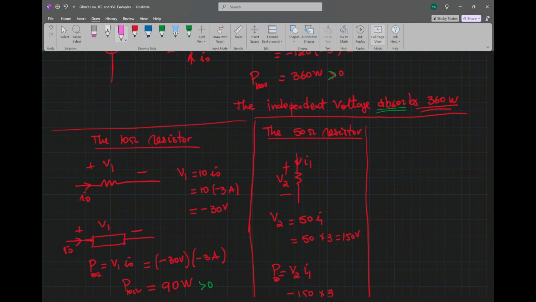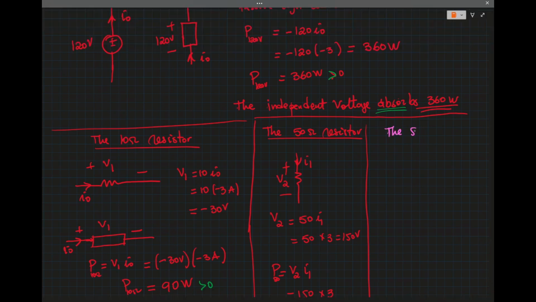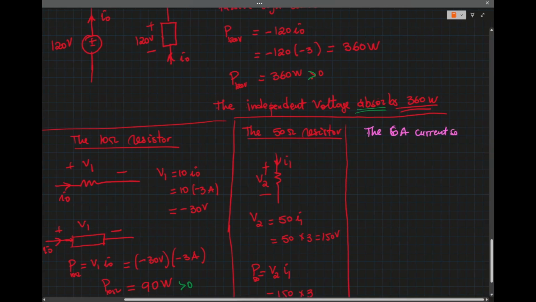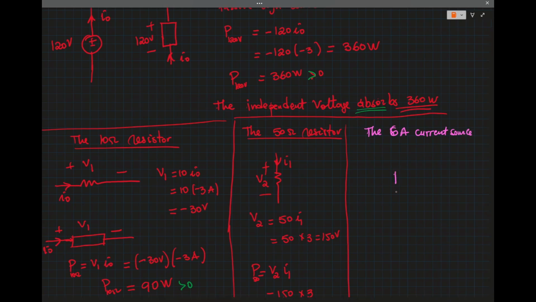Now the last one, the 6 amps current source. The current source is like that, and the current is I2, which is 6 amps, and the voltage across it, as we said, was V2.